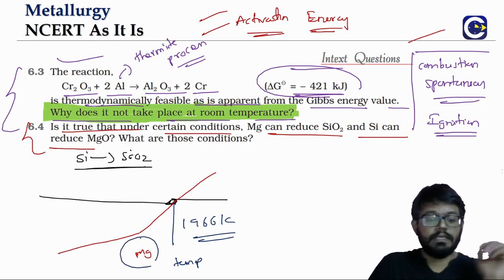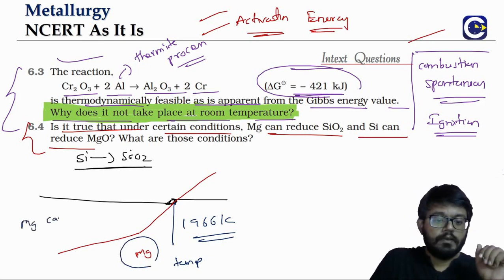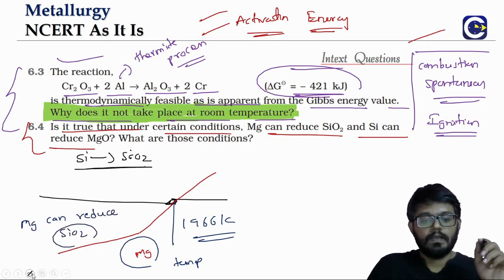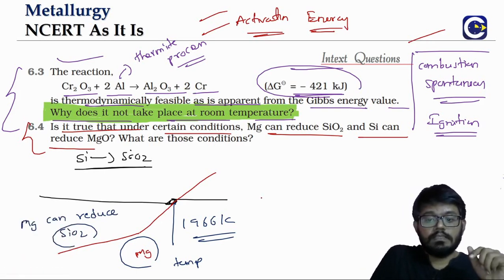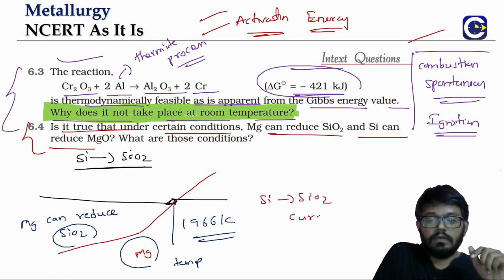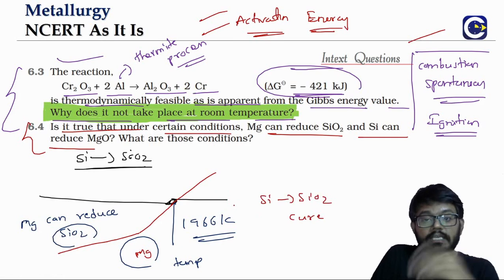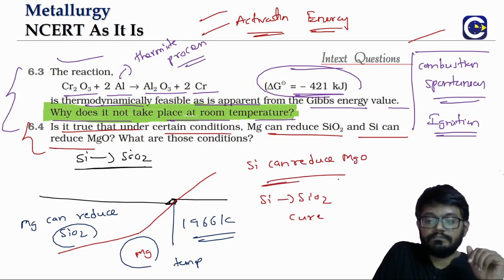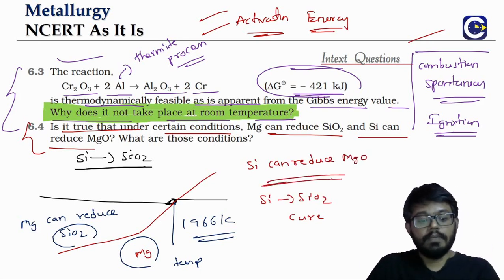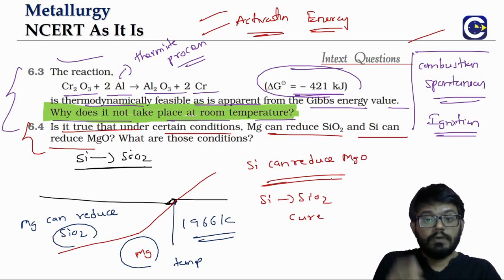Means below the temperature, magnesium can reduce SiO2. Above the temperature, this is the SiO2 curve. That is below. Means above the temperature, Si can reduce magnesium oxide.